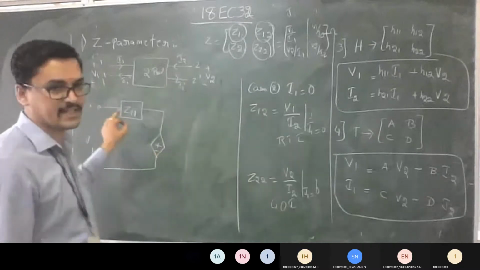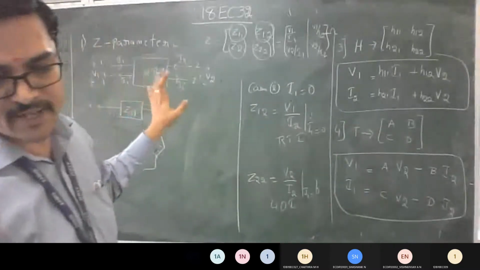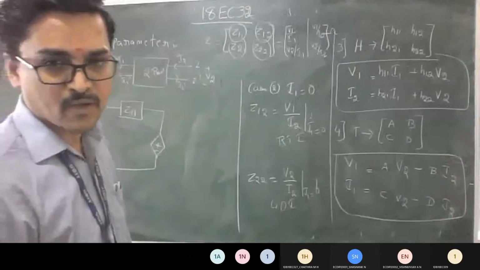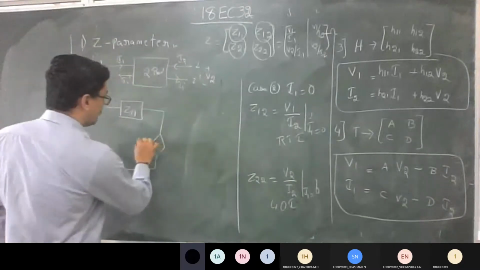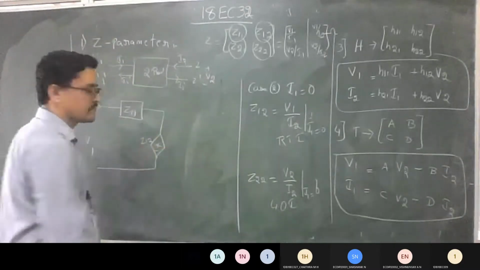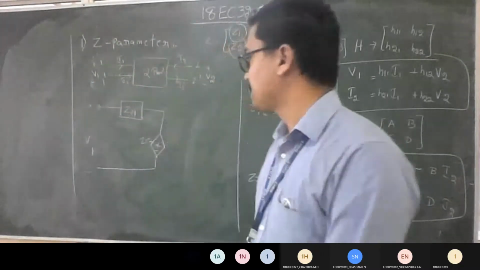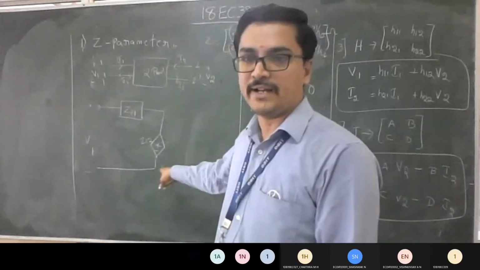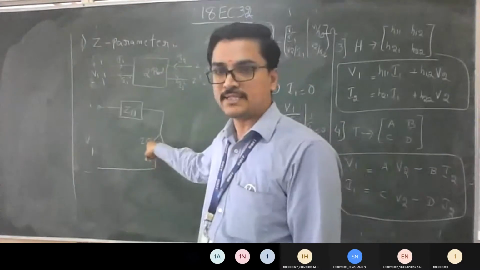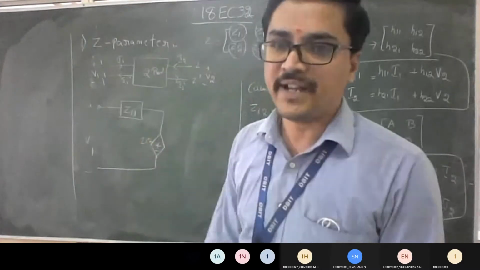Since I have made it Z11, what is the next coefficient on the input side? We have 2 coefficients: Z12. Now this is not the end. What I wrote is a voltage source. It depends on what?